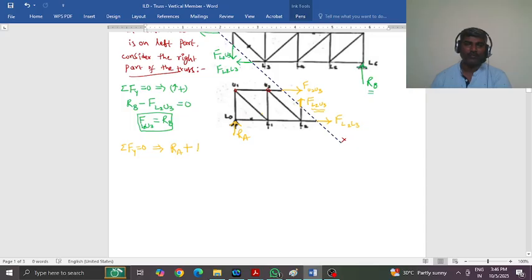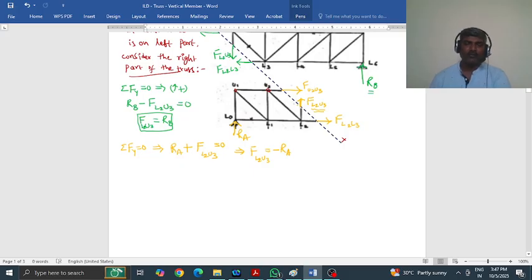So F in L2U3 is equal to 0. Okay, so now the force in L2U3 is equal to minus RA, which means it is a negative force.